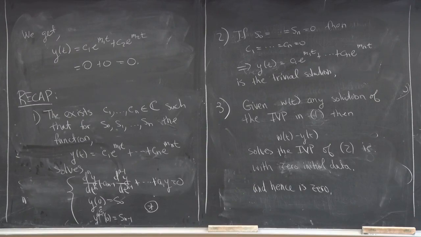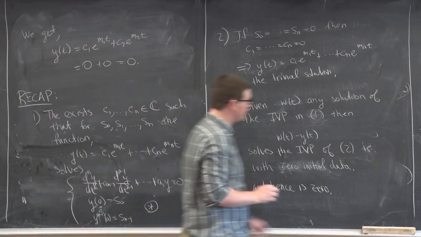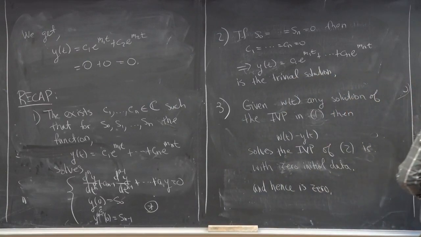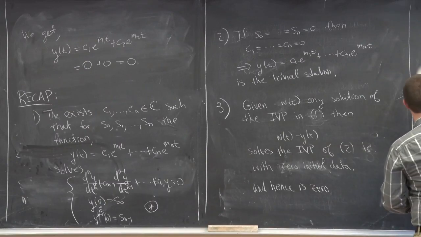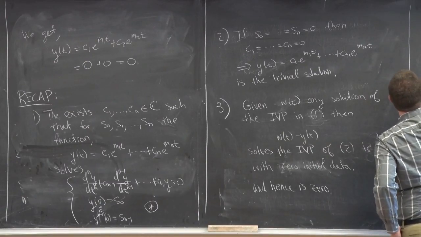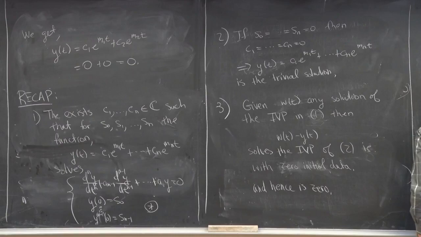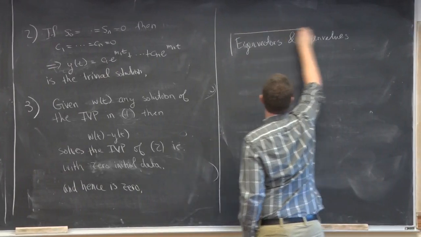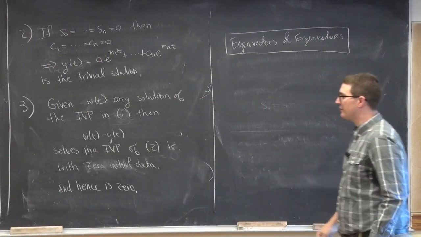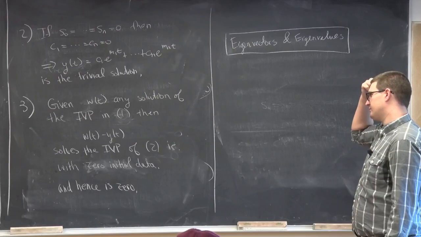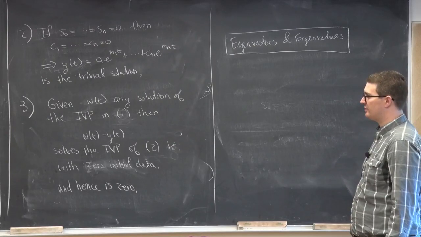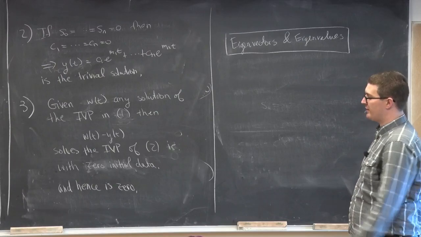Let me talk about eigenvectors real quick, just some general things about eigenvectors. So I'm sweeping something under the rug here, by the way. I just wanted to say the uniqueness for the zero solution, for the zero initial data.